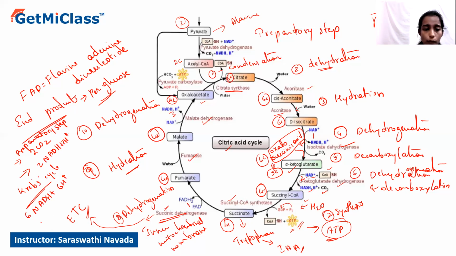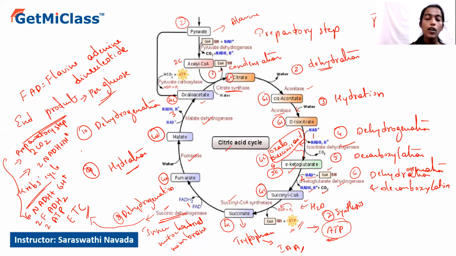So per glucose, we'll get 2 molecules of FADH2. And then 1 molecule of ATP will be directly synthesized per pyruvate. So per glucose, we'll get 2 molecules of ATP. So these are the end products of the Krebs cycle. These end products will be utilized in the electron transport chain in order to release the energy.